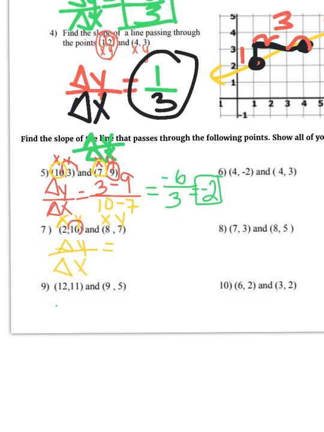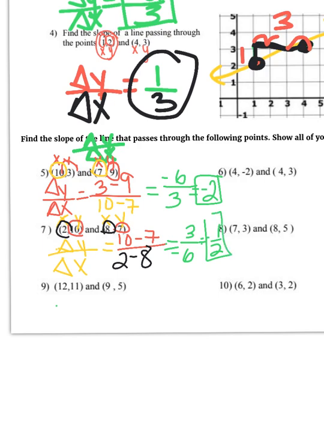So I take 10 minus 7 over 2 minus 8. 10 minus 7 is 3. 2 minus 8 is negative 6. 3 divided by negative 6 is negative 1/2. So negative 1/2 is the slope of the line that goes through those 2 points.